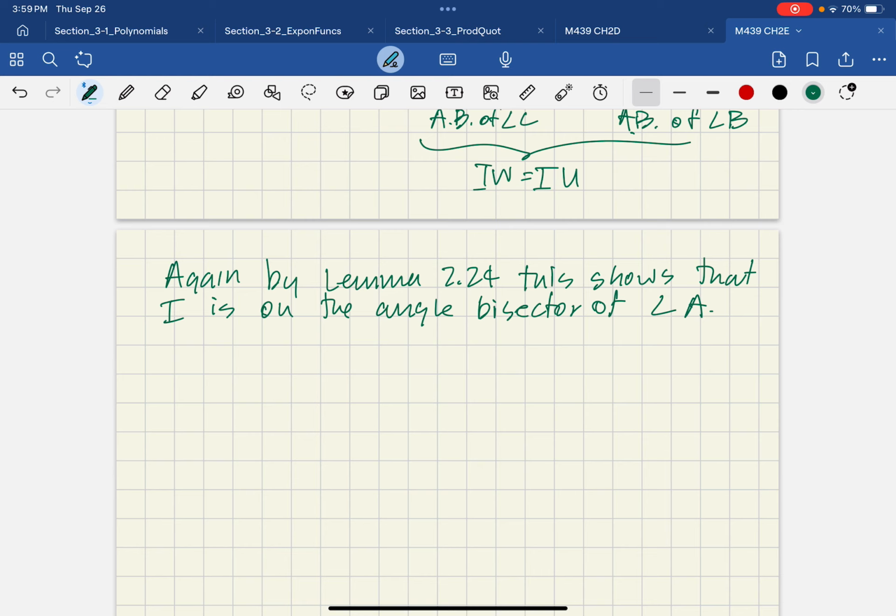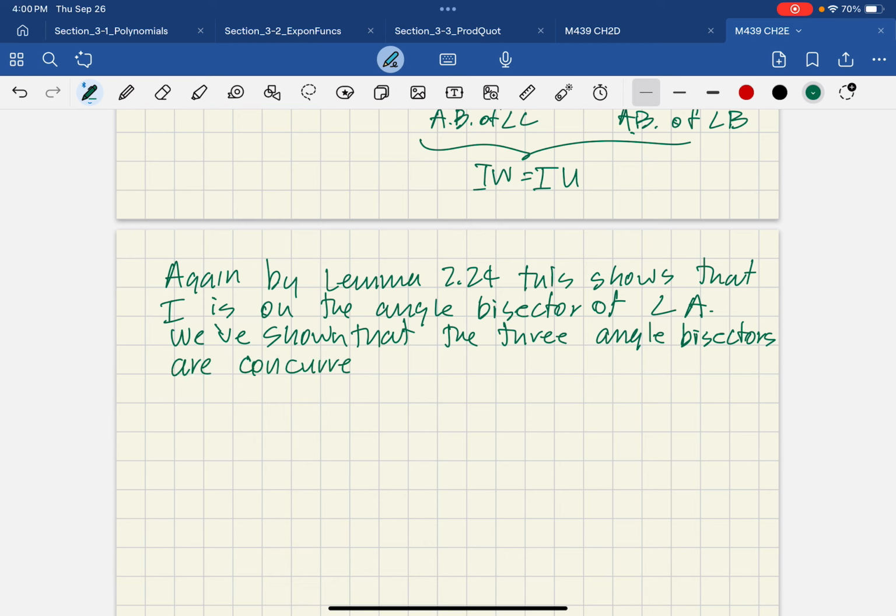Okay, so what have we shown? We've shown that the three angle bisectors, okay, so we know they're concurrent. That's nice.